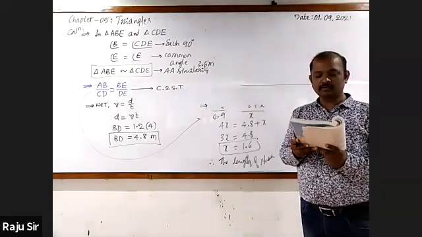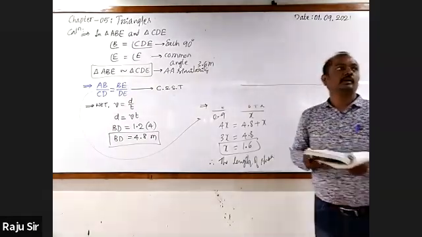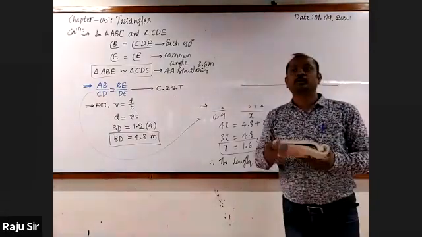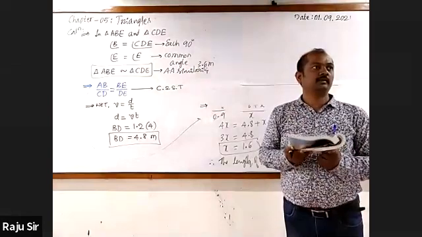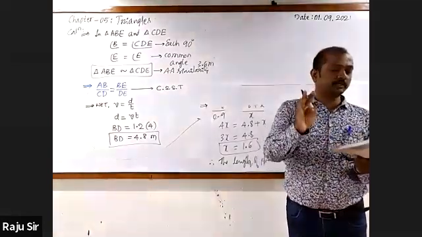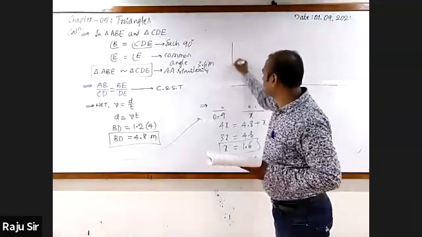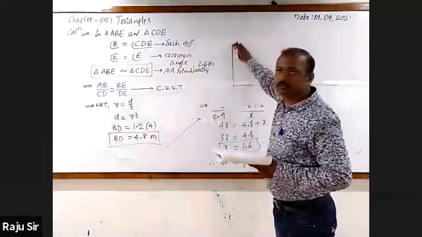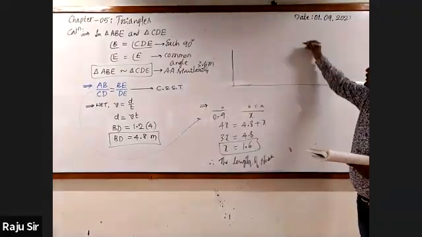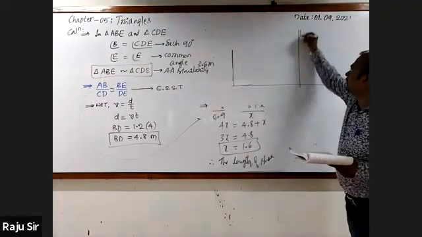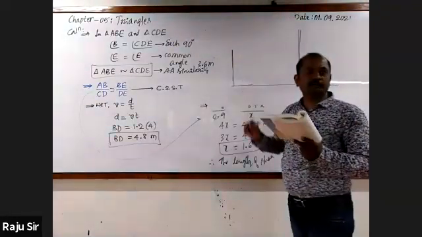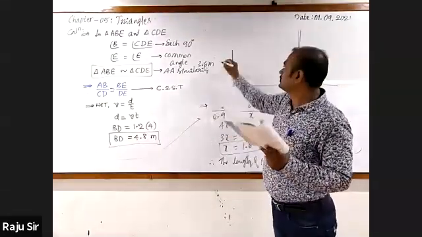Did you understand? Here, two situations are given. One is with respect to the pole. Please observe the board. And the second one, with respect to the tower. What is the height of the pole? 6 meter.